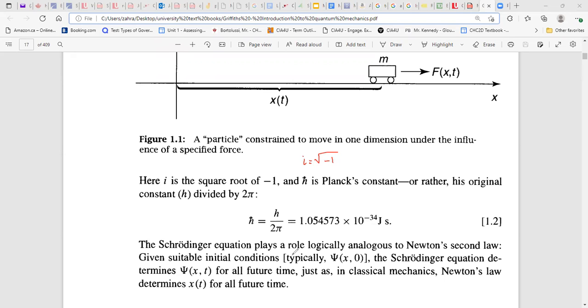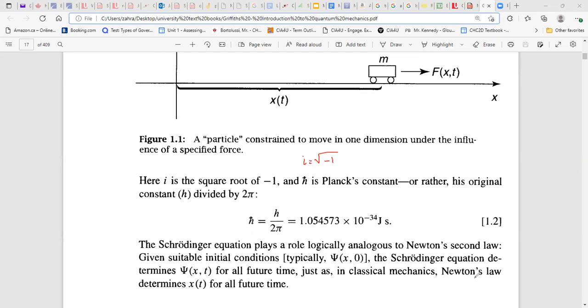The Schrodinger equation will play a role logically analogous to Newton's second law. It will give us the time evolution from the initial condition. If the initial condition is given to us, like at time 0 we have a wave phi(x), we can use this Schrodinger equation to determine the wave at all future times.